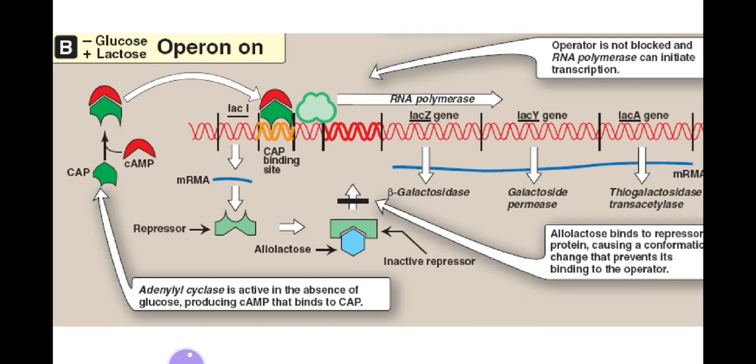In this diagram, when glucose is absent and lactose is present, what happens? As lactose is present, the genes for its metabolism, LAC-Z, LAC-Y and LAC-A, will be transcribed. Some of the lactose molecules will change into allolactose.